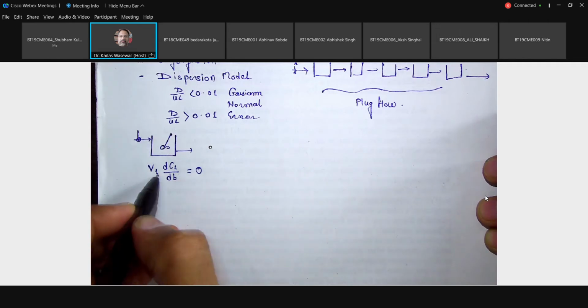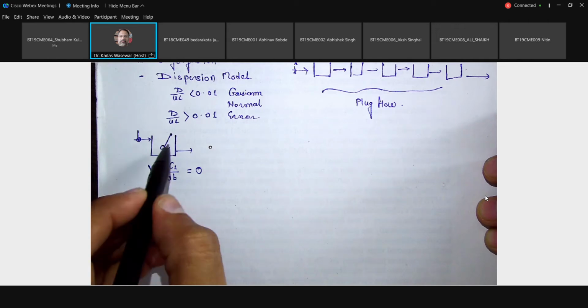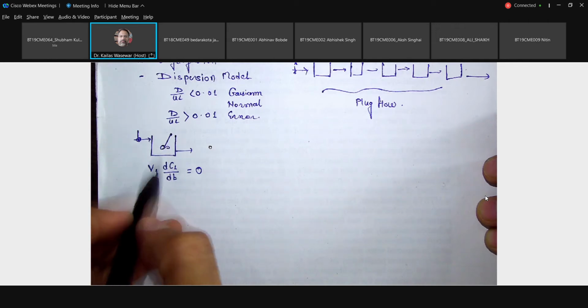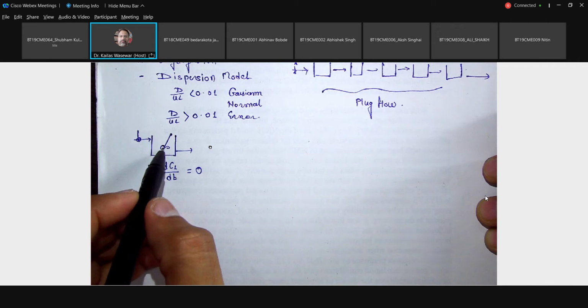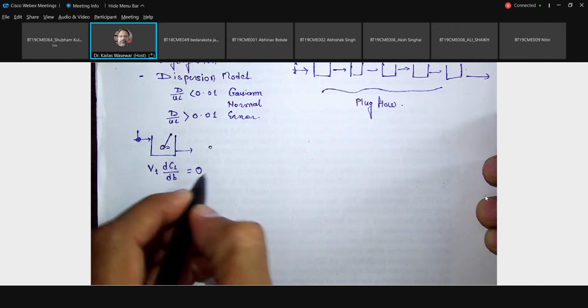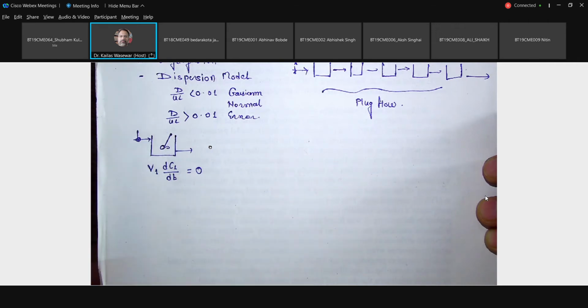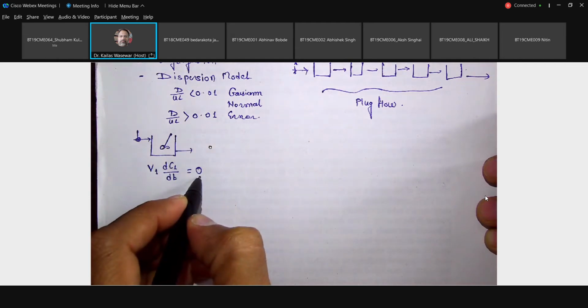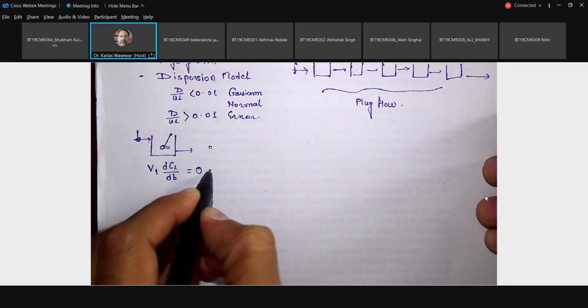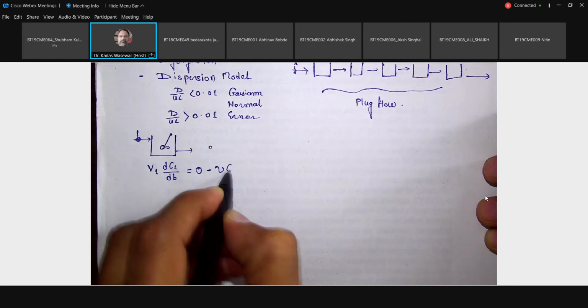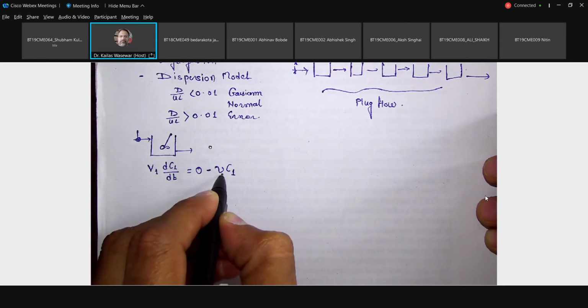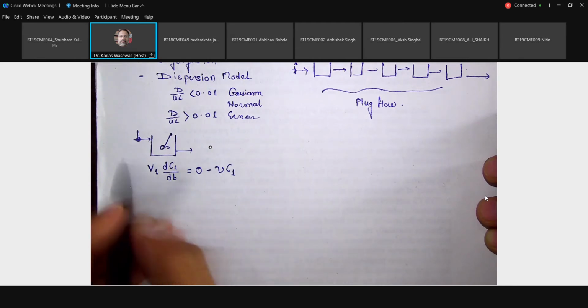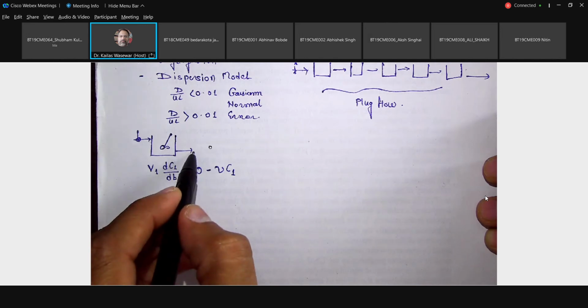So V1 dC1 by dt, that means the change in concentration with respect to time in this mixed flow reactor, is equal to, as we are giving a very short time, instant input, there will not be any continuous input for this one. So it will be 0 minus V C1, volumetric flow rate times the outlet concentration.